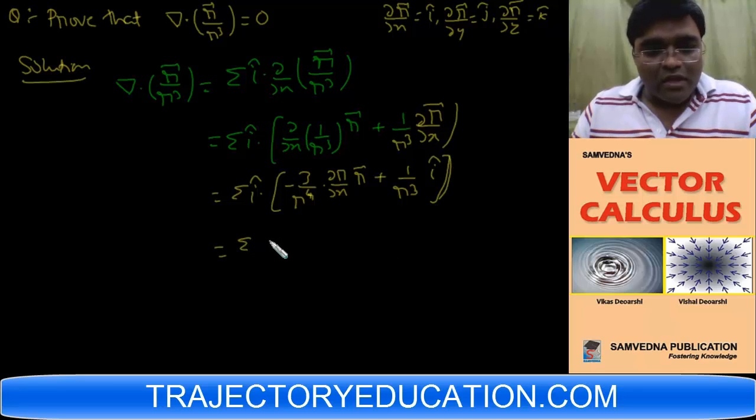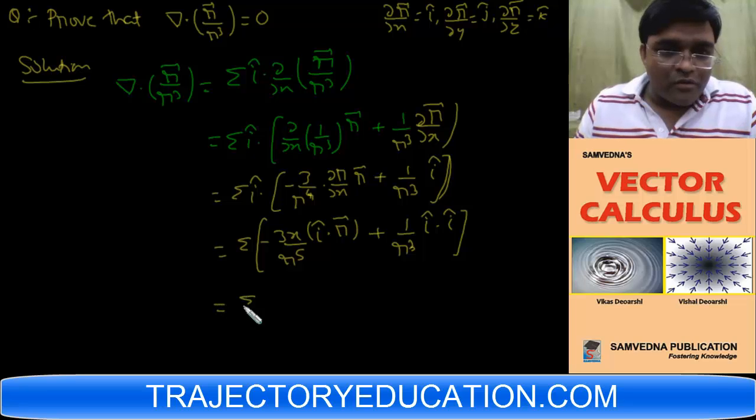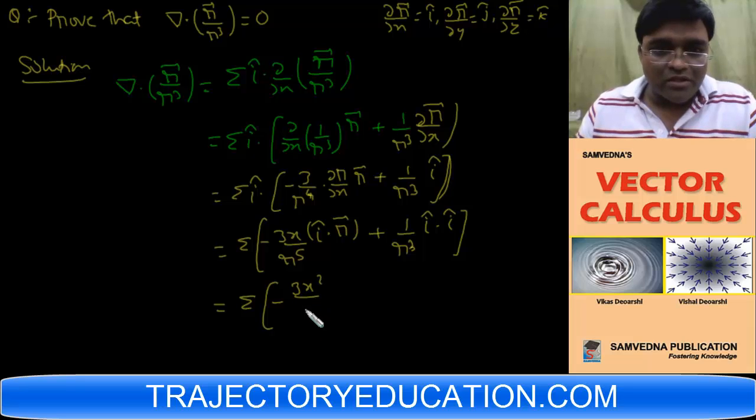Dou r by dou x is x upon r, so this will give minus 3x upon r to the 5, times i dot r, plus 1 by r cube times i dot i. So this will be equal to, i dot r is what? x only. So it is minus 3x square upon r to the 5, plus 1 upon r cube.